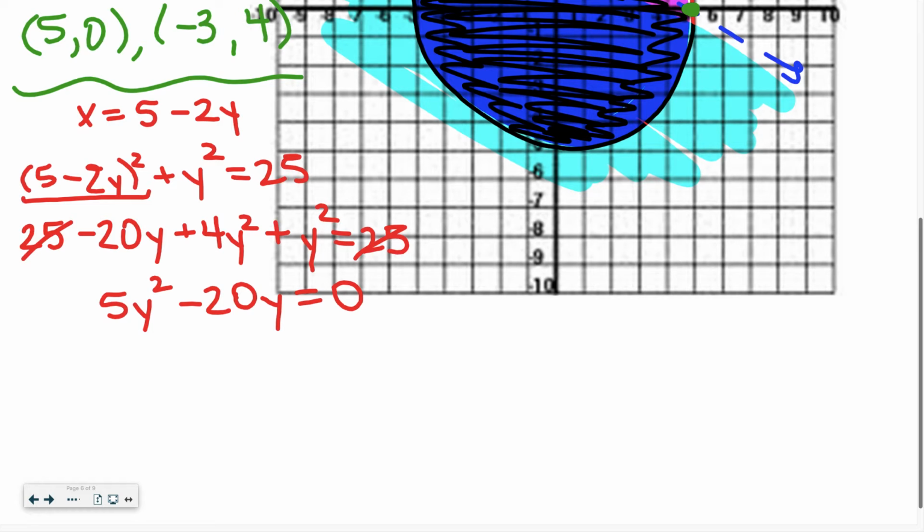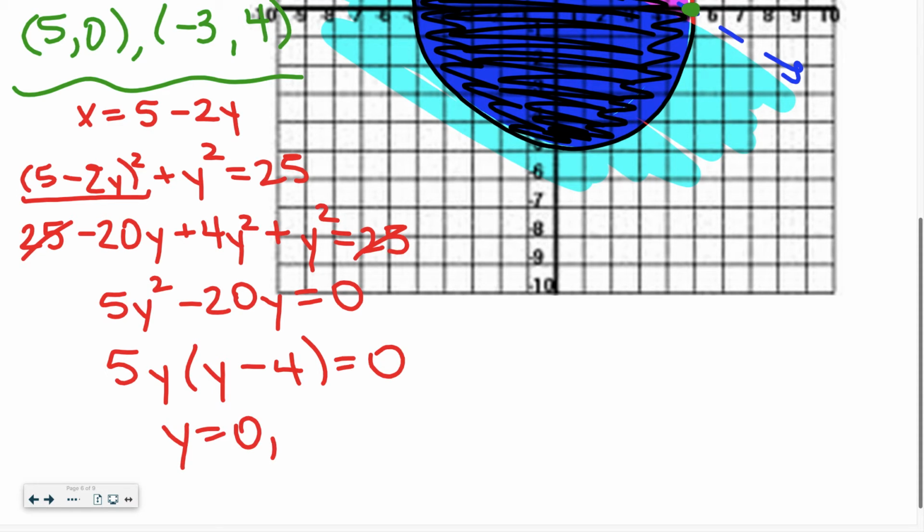If I FOIL this out, from the O and the I in our FOIL, because we have 5 minus 2y times 5 minus 2y, we take 5 times negative 2y twice. So if we factor out that 5y, we get y is 0 and 4, which is what we have for our y values in our algebra.